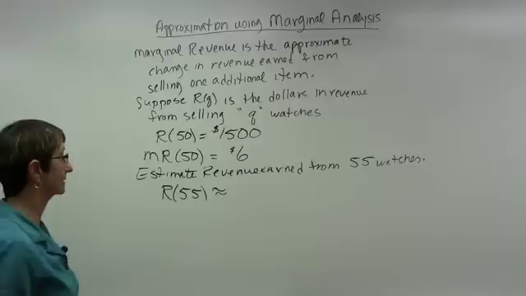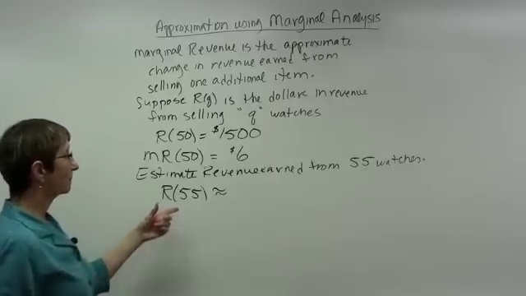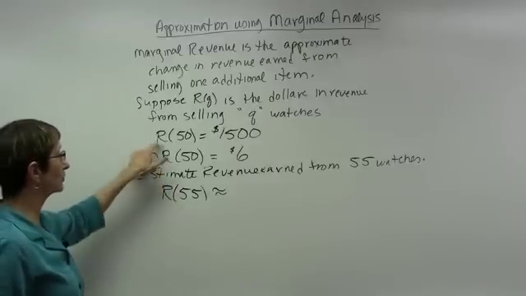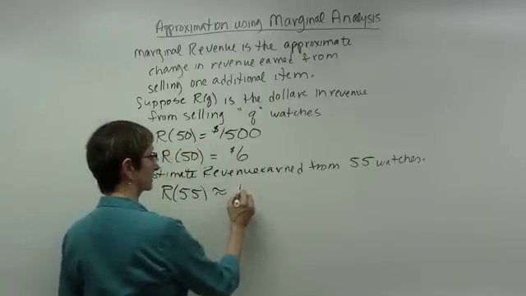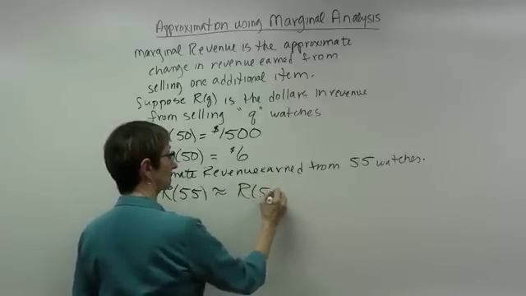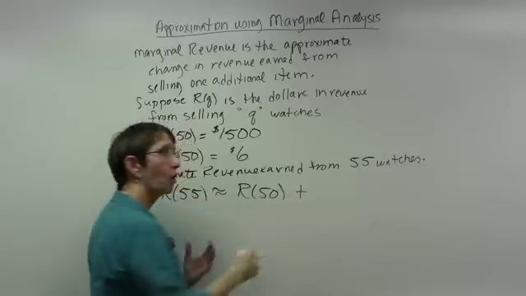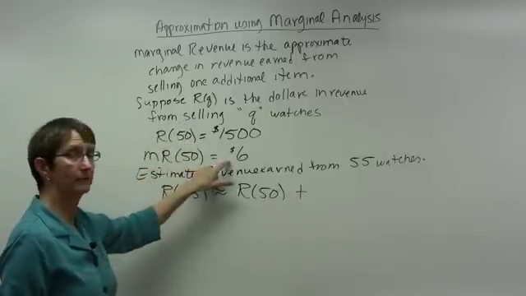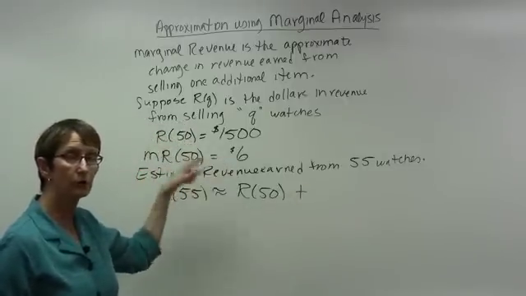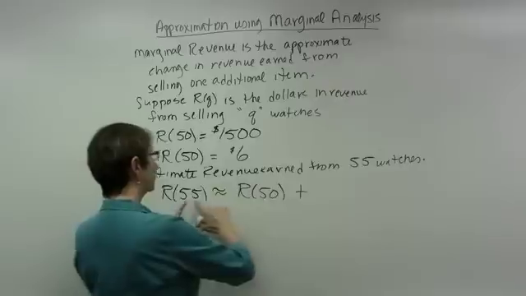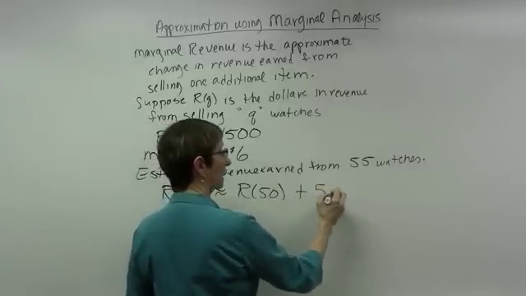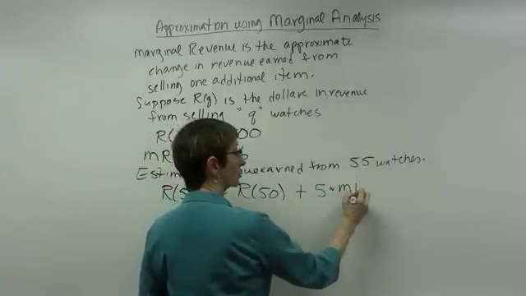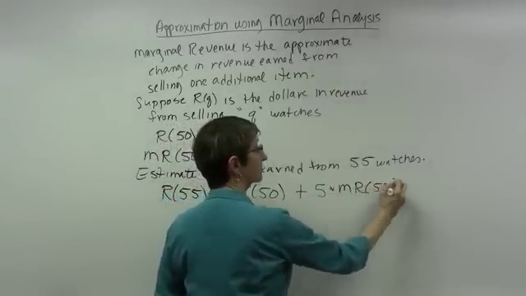These are not exact. I'm going to start with the revenue from 50 and add on marginal revenue, but not just one. Marginal revenue is one item, so I need 5 more marginal revenues at 50.